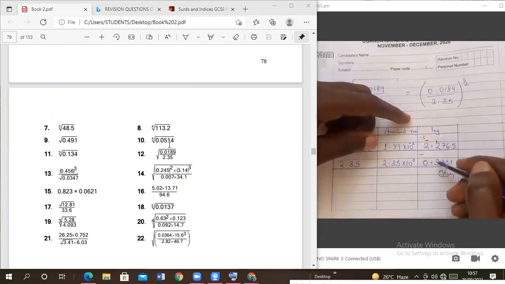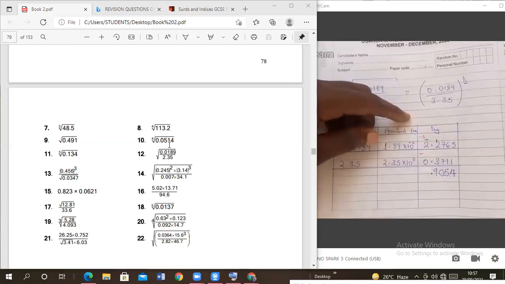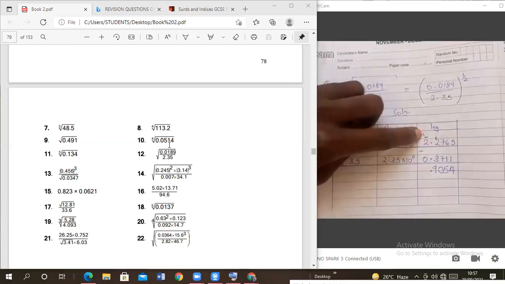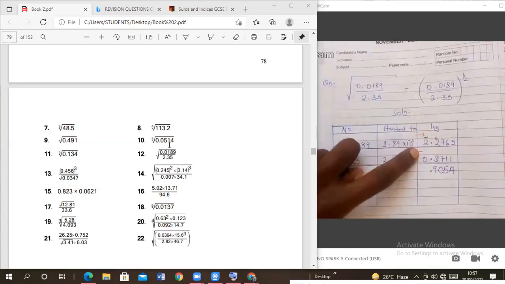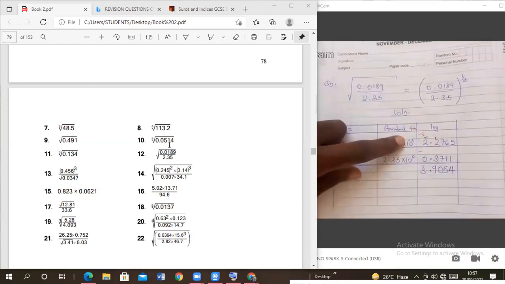So 12 minus 3, we get 9. Point. Now we have -3. -3 minus 0, we get 3 bar.